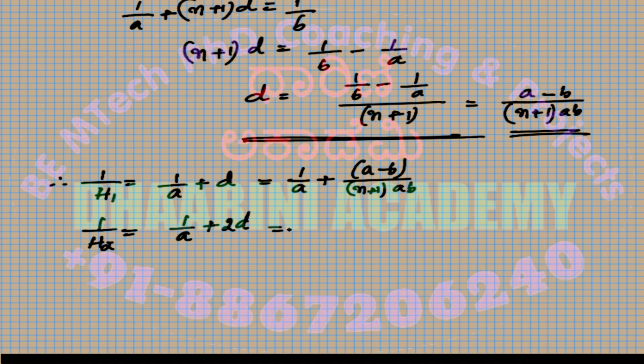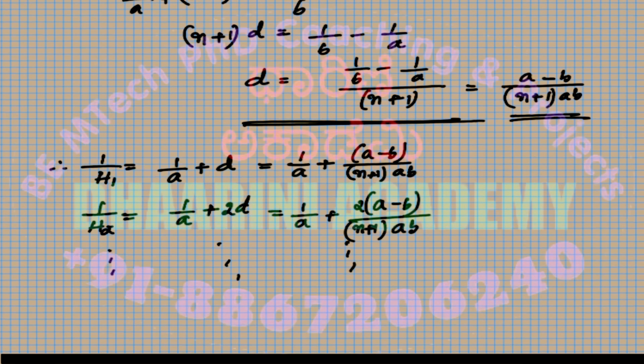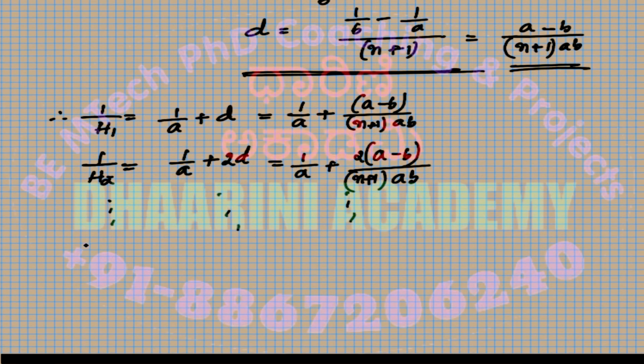That's 1 by h1. How do you calculate 1 by h2? So 1 by A plus 2 times A minus B whole divided by n plus 1 into AB, and so on. Like the same technique, we can calculate even the 1 divided by hn value.